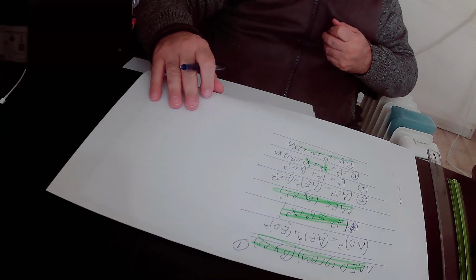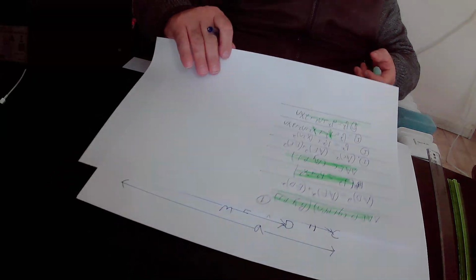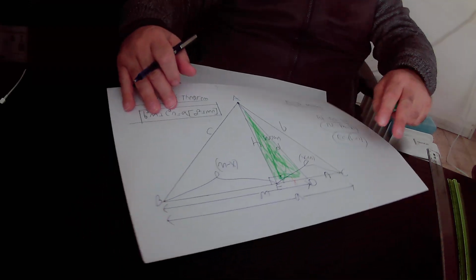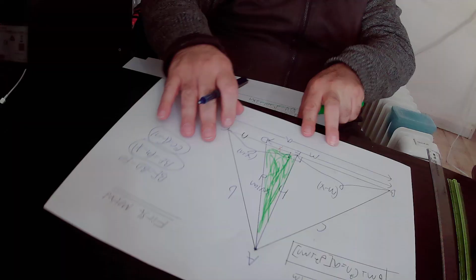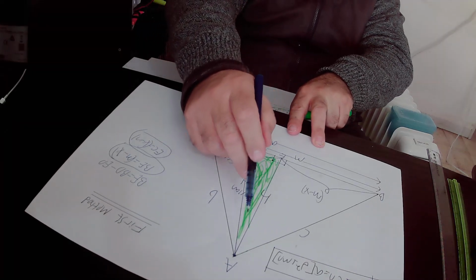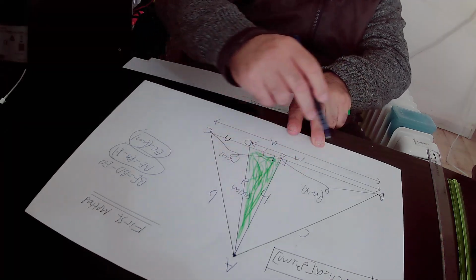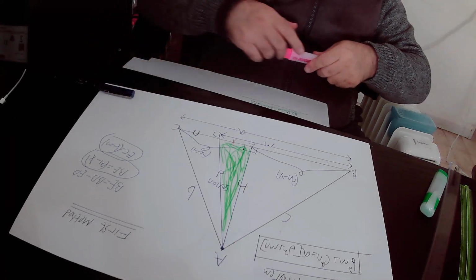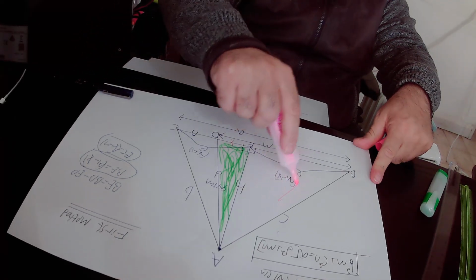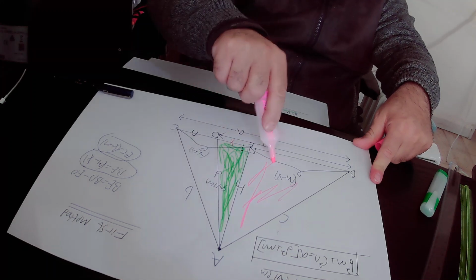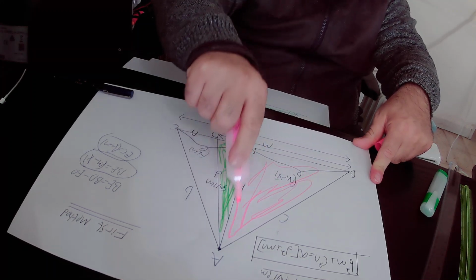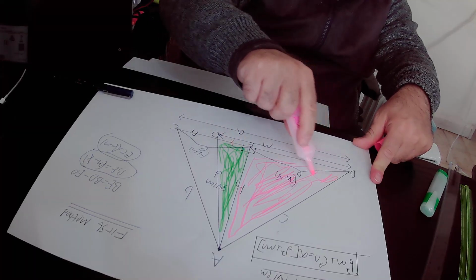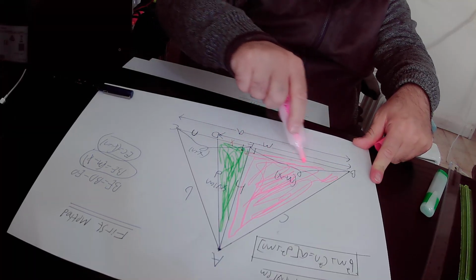In the next step, we implement the Pythagoras theorem on the right pink triangle AEB.